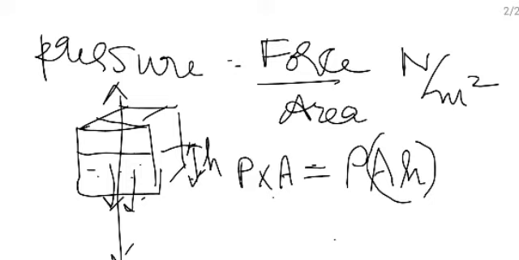Volume is area times the height, so we will be getting the mass of the fluid times g, which is the downward force due to gravity.